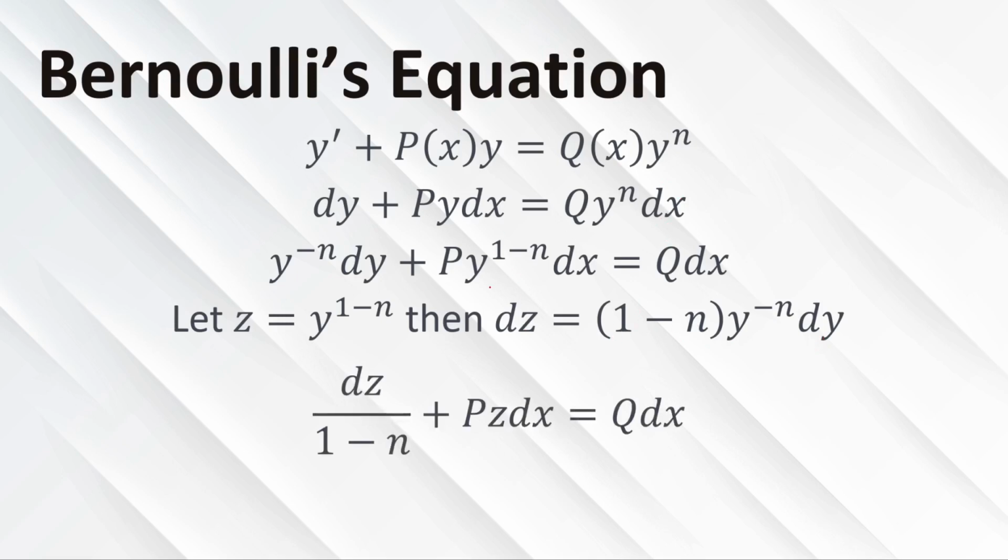And then, itong y raised to 1 minus n na katabi ni p is yun yung nilet nating z, kaya naging z siya. And then, of course, dx. Sa kabila, yung q dx, wala ka namang isa-substitute dyan kasi wala na siyang y. Remember na nag-divide na tayo doon para mawala yung y doon.